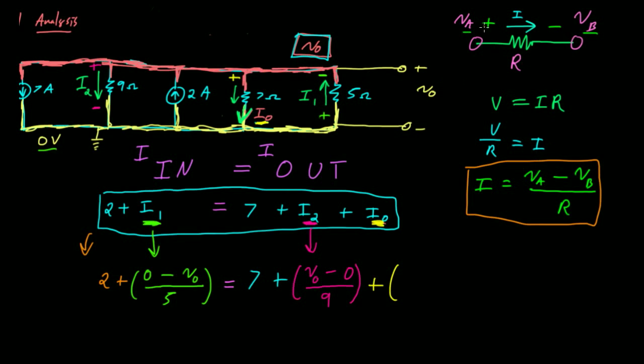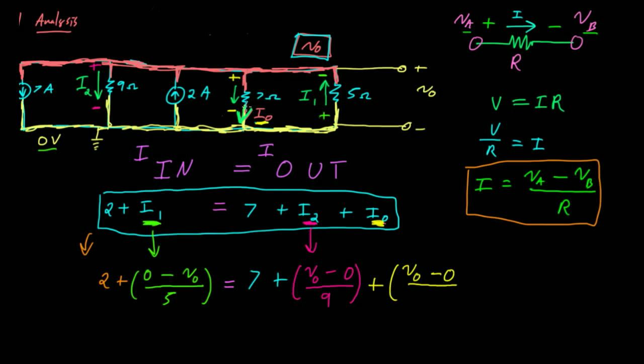So going back here, the positive side of the voltage is V0, and it's going to flow to the lower voltage. In our case, that lower voltage is the ground node, our 0 volts ground node. So minus 0.